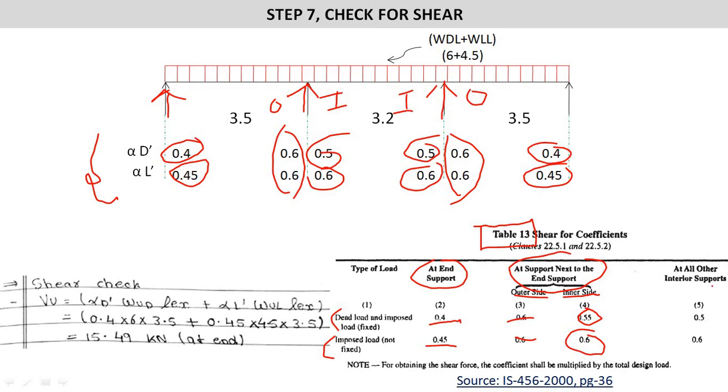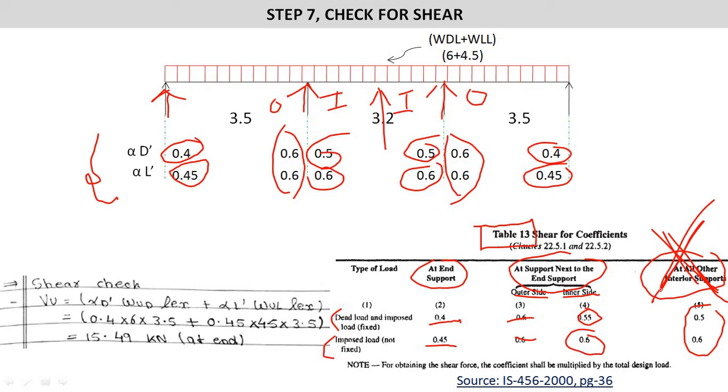Next it says that at all other interior supports, if in case we have one support over here, we have to write these coefficients, but in our case this will not be included, so we don't have to take it into consideration.